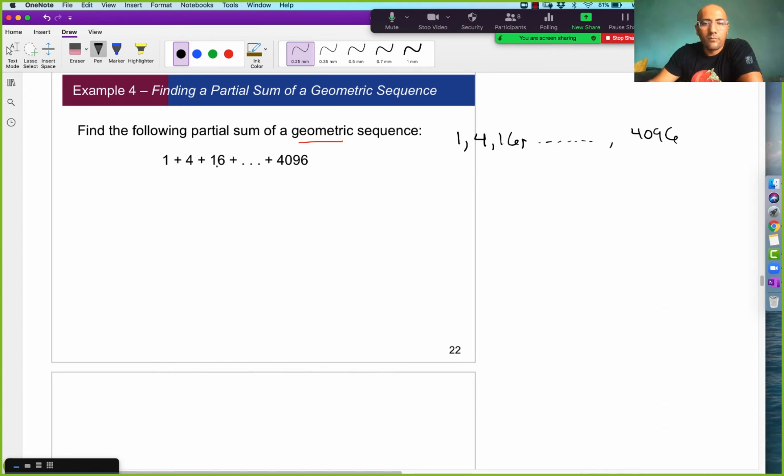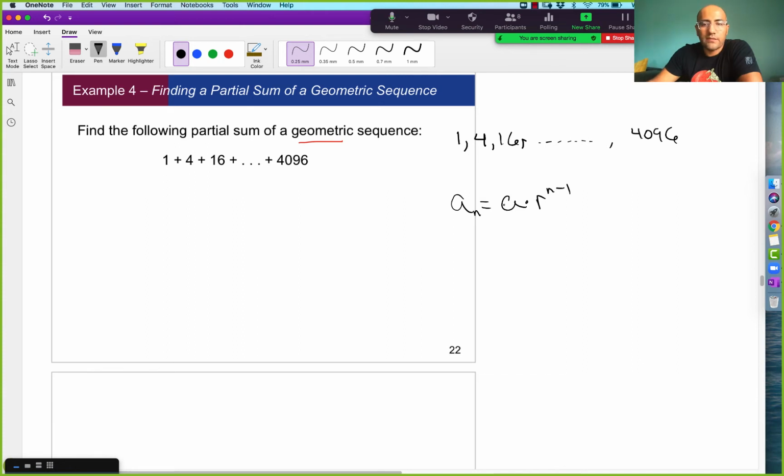And then we're going to do partial sums by looking at this. Because it's geometric, it must follow this form: a sub n equals a times r to the n minus 1 power.